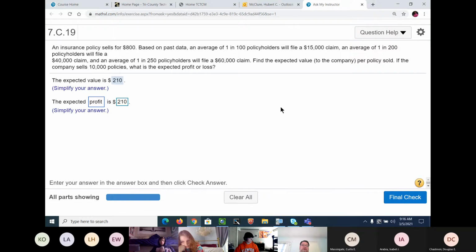Expected value, as I told you in the slides, you take the probability and multiply it by the result. So in this case, an insurance policy sells for $800. So for $800, that's one person. Okay, one person. And then $15,000 is 1 over 100. Oh, I'm sorry. Hold on.